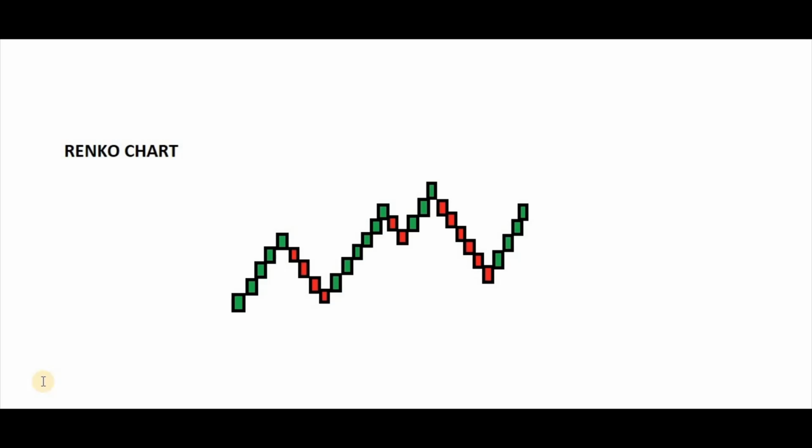Talking about the Renko chart, it is shown just like blocks. For example, here you can see the green blocks that have been occurring.